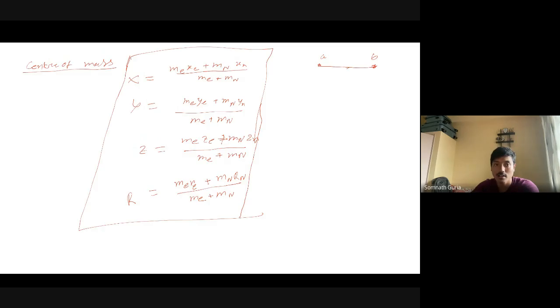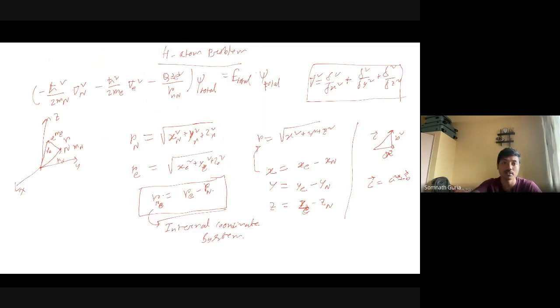The nucleus is heavier than the electrons, so here comes some new approximation. My initial equation is the Hamiltonian operator H psi for the hydrogen atom. This operator has a nuclear term and an electron term.